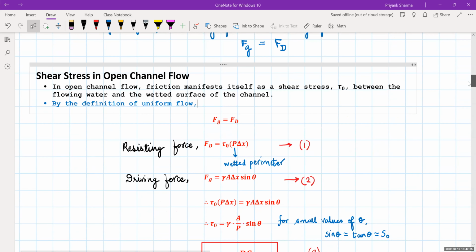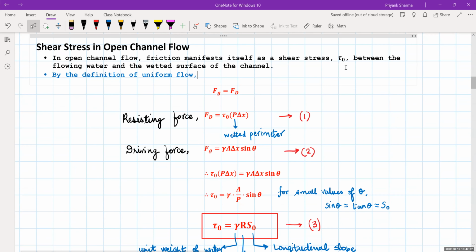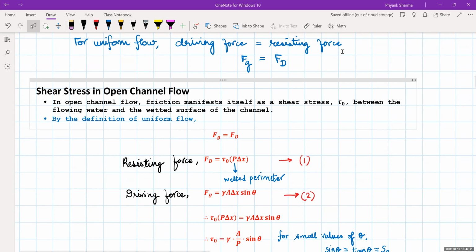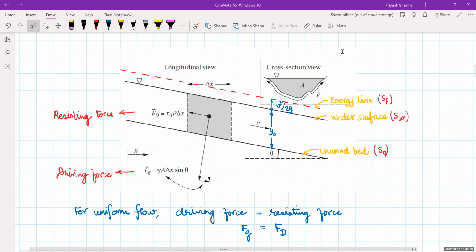Now, based on this pretext, let us analyze what would be the shear stress in case of an open channel flow. In open channel flow, due to friction, a shear stress acts between the flowing water and the wetted surface. This is the wetted surface and the flowing water.